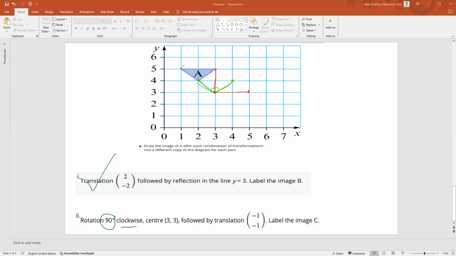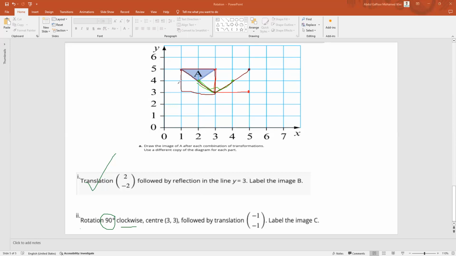Then again, let me use a different color to indicate the third point. This is the third point. If I join these 2 points, this line is confined by 4 boxes. After rotation, this will also rotate by 90 degrees and come here.